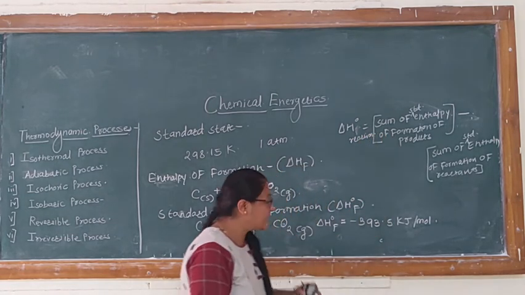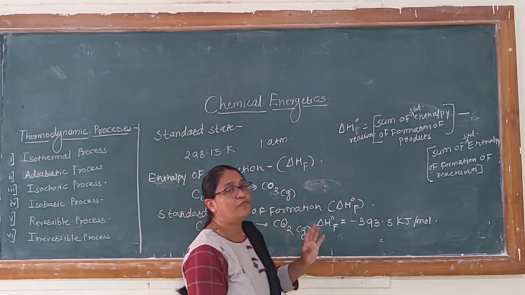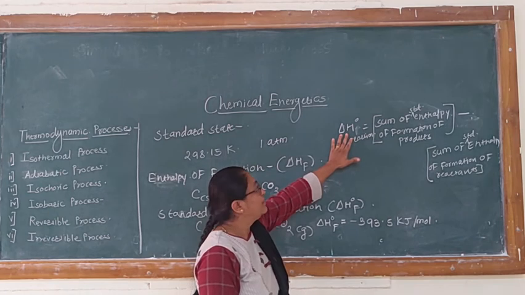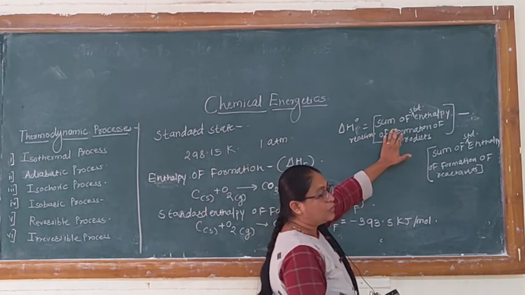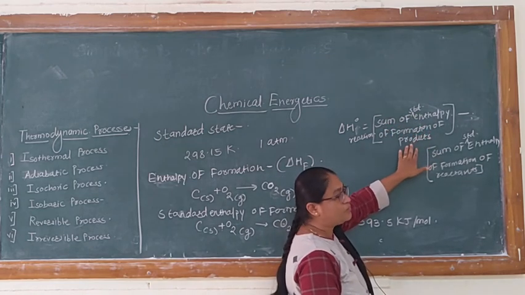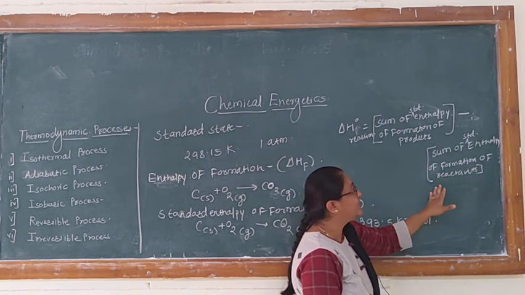This is the significance of the standard enthalpies of formation. That means this is how you can find out the standard enthalpy change, the heat, for the reaction. It is equal to the sum of the standard enthalpies of formation of products minus the sum of the standard enthalpies of formation of reactants.